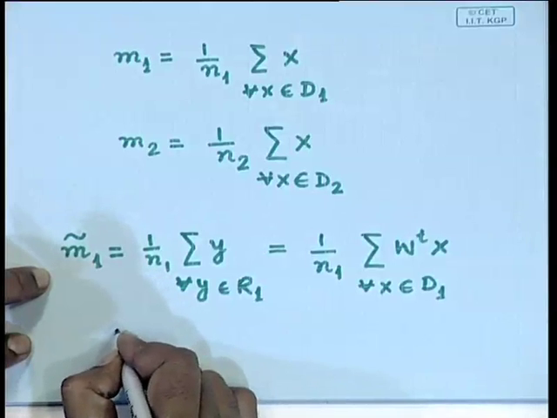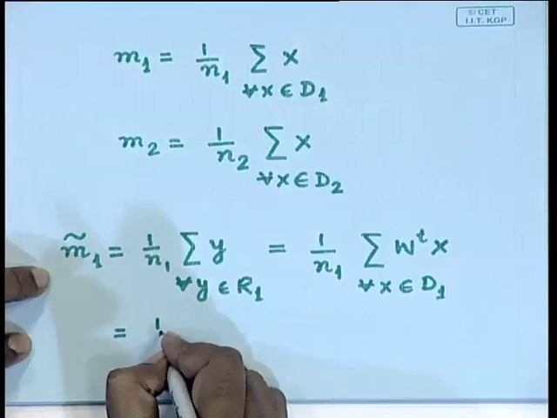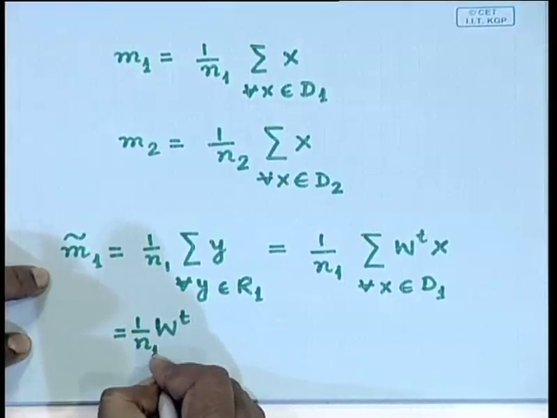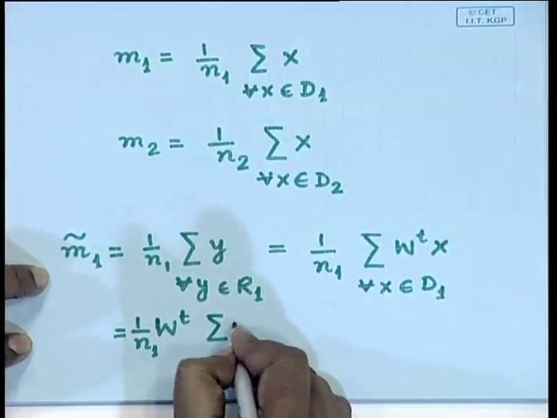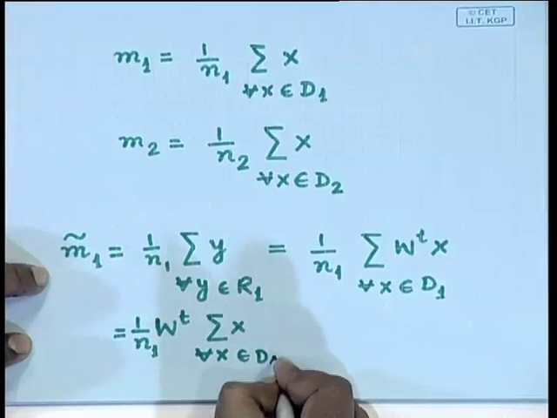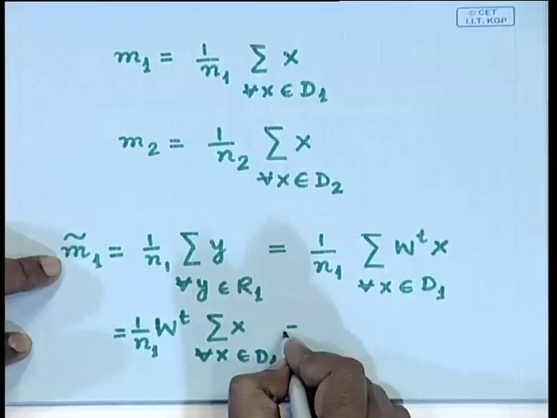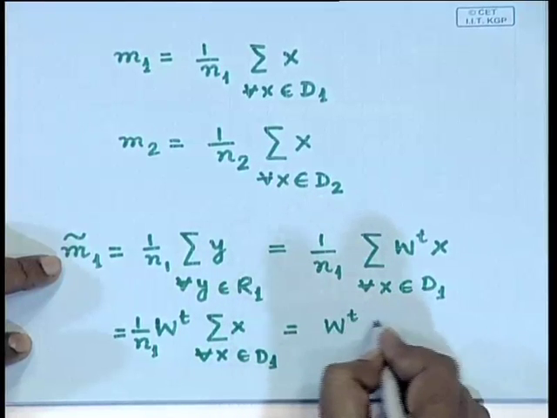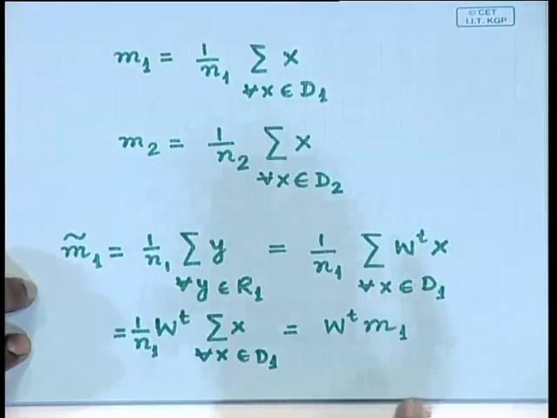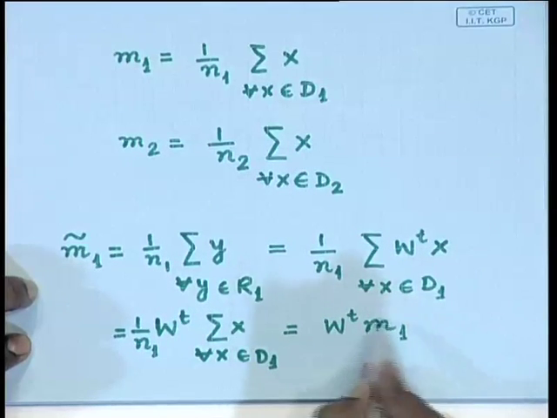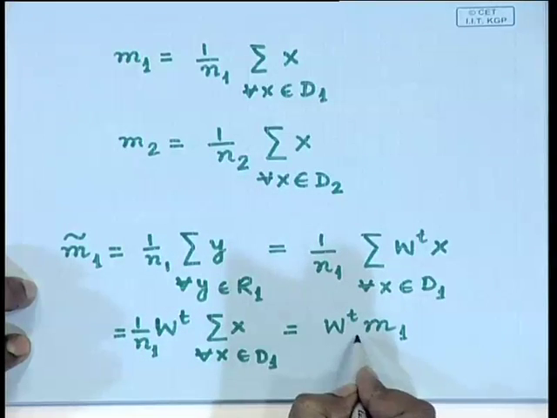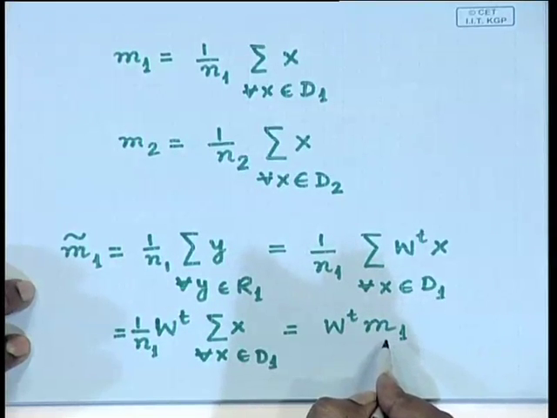So, I simply get W transpose times 1 upon n_1 times the summation of x for all x belonging to set D_1, which is nothing but W transpose M_1. So, the projection of the mean of the vectors in set D_1 is W transpose M_1.